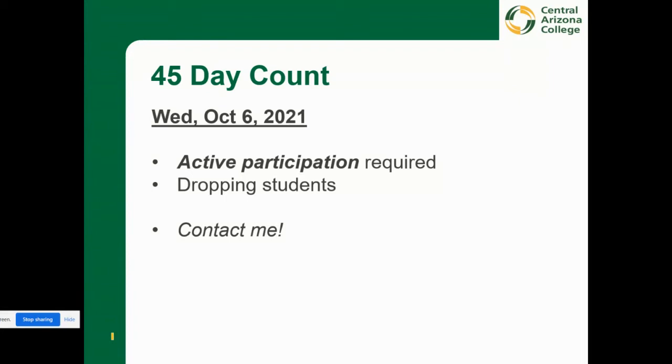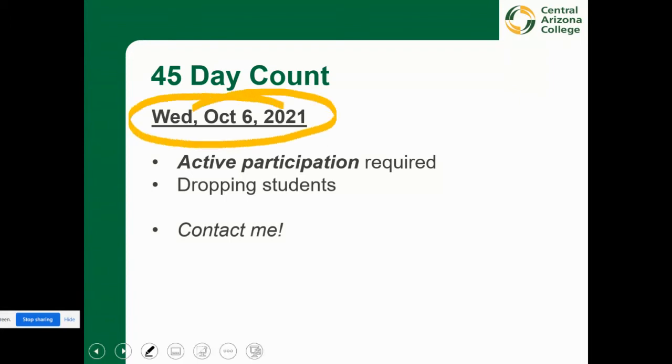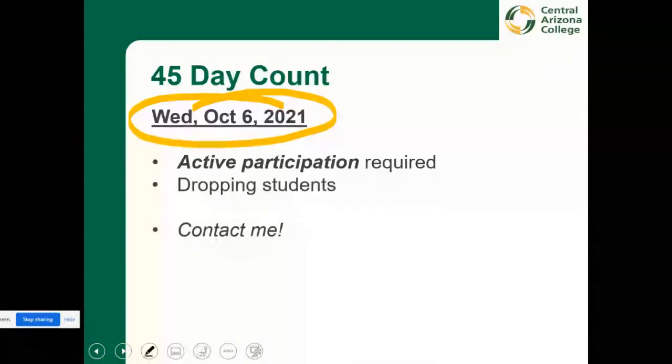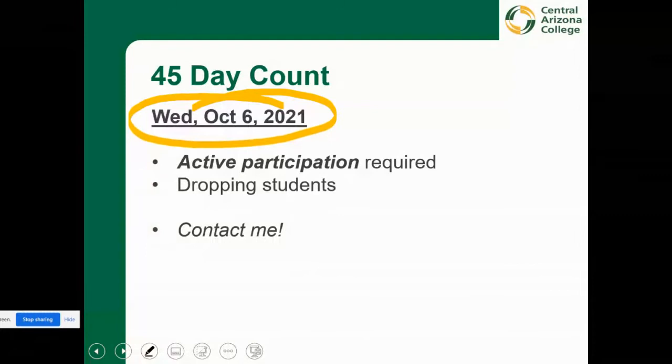The 45th day of teaching this semester falls on this week's Wednesday. On Wednesday, most instructors, with the exception of some late start and shorter classes, will be weeding through their rosters for every class. If we haven't seen you taking part at least once a week, there is a very real chance that you might be dropped from the class.